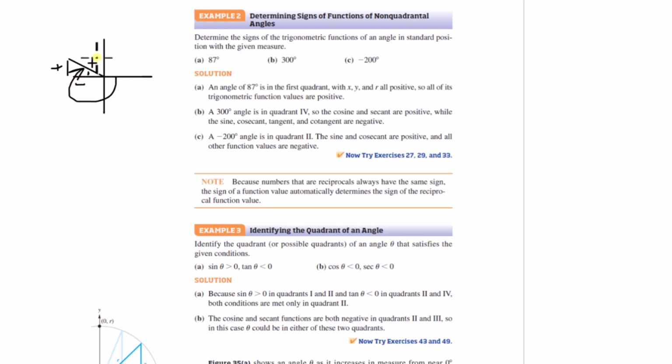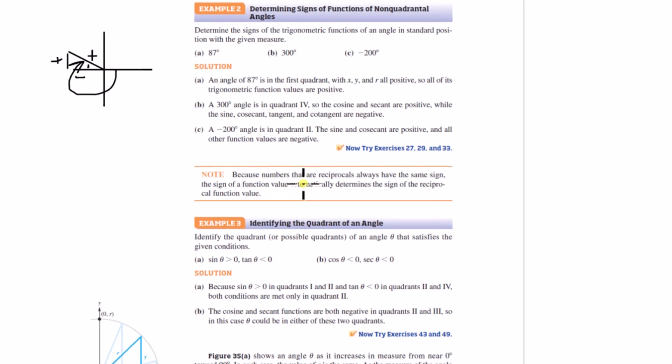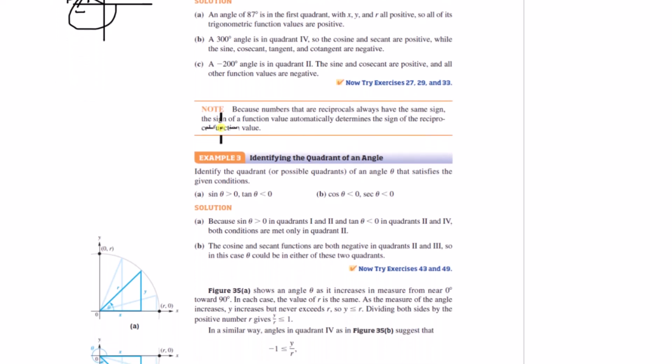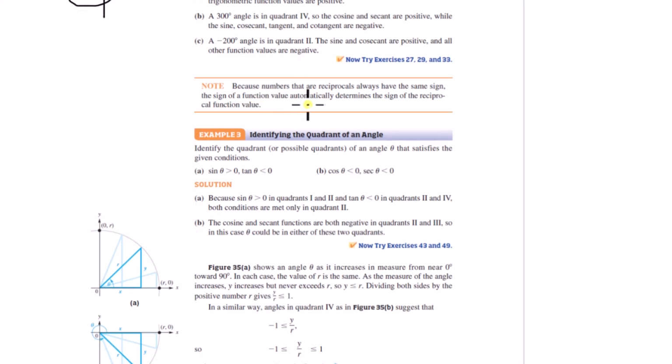So adjacent over hypotenuse, cosine's negative. Then the reciprocal of cosine, secant, is going to be negative. Opposite over hypotenuse, sine, that's positive. So then cosecant's going to be positive. Opposite over adjacent is negative, so tangent and cotangent are going to be negative. Because numbers that are reciprocals always have the same sign, the sign of a function value automatically determines the sign of the reciprocal function value.